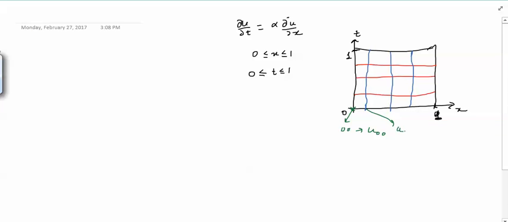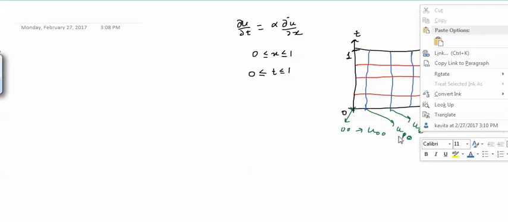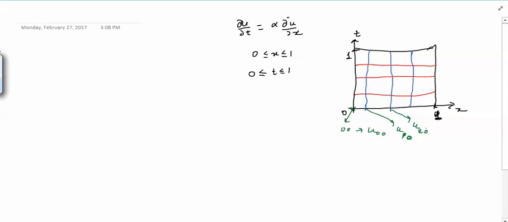You move one step ahead in the x direction, so I'll write it as u 1 0. Similarly, the value of the solution here will be u 2 0, then u 3 0, and u 4 0.